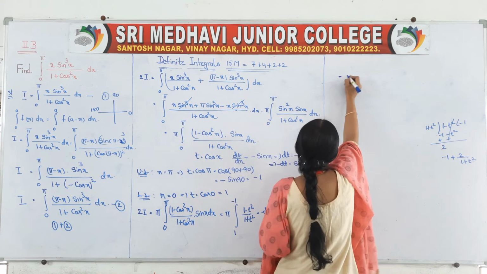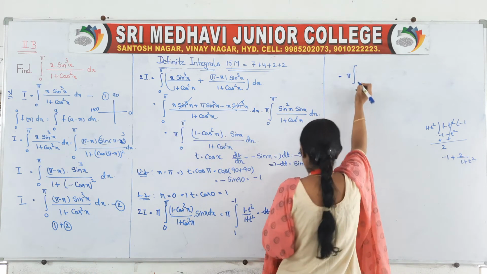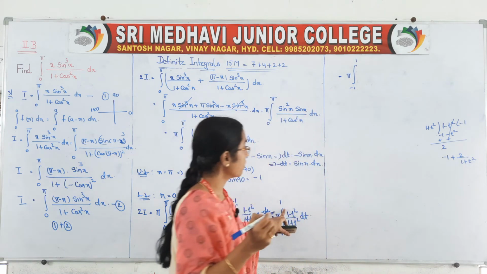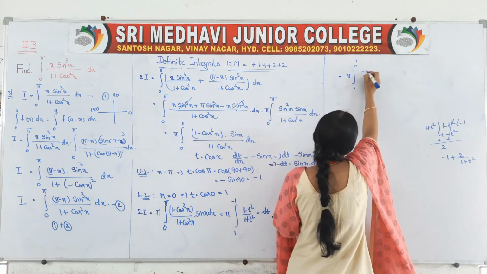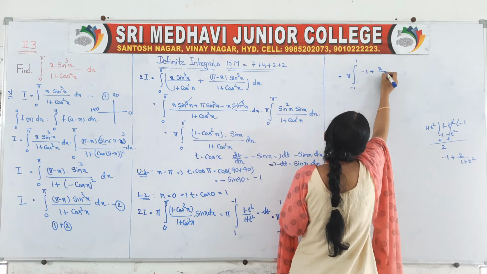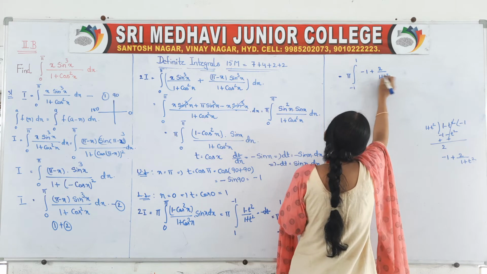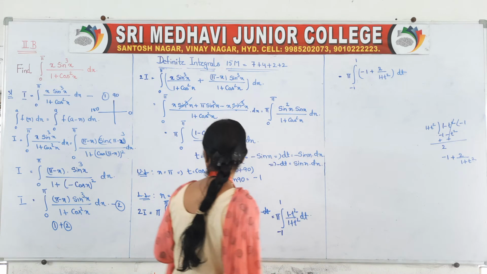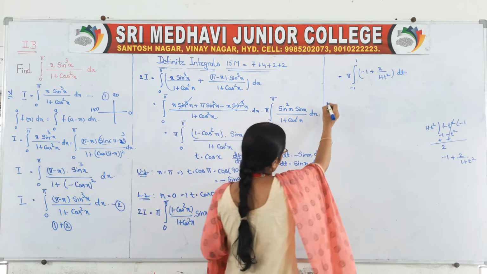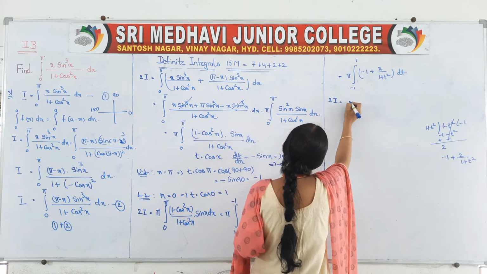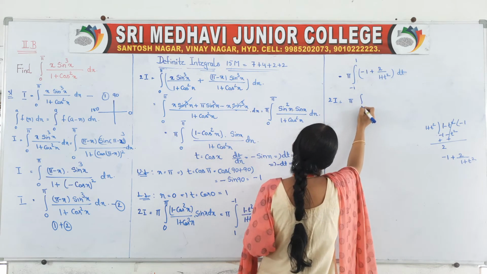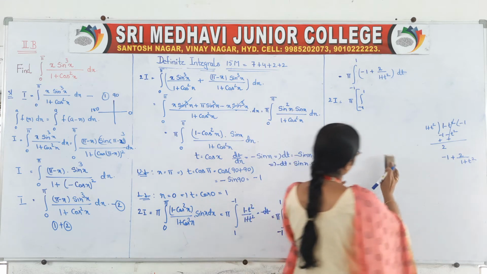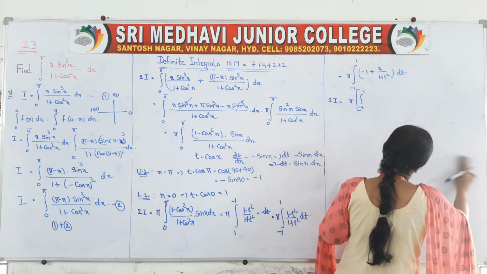So it is equal to pi into integral minus 1 to 1 of minus 1 plus 2 by 1 plus t square dt. So this is your 2I, right? 2I is equal to pi into integral minus 1 to 1. You take these two terms separately.